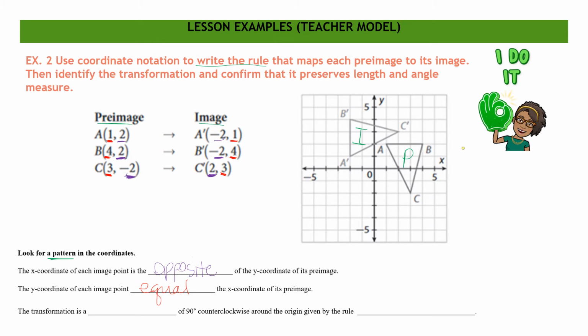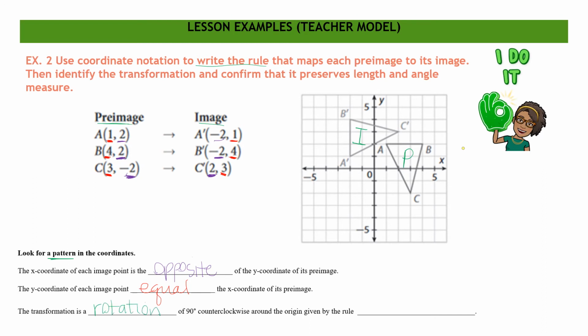So if you see that these two things are flipping, you may not know this information yet, but I'm going to tell you that if the points are flipping and they're equal from x to y, and you see that the x coordinates are opposite of the y coordinates from the image to the pre-image, then this is called a rotation.